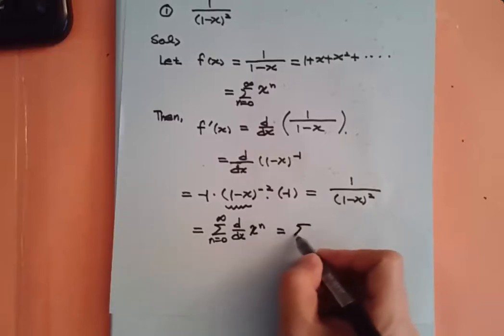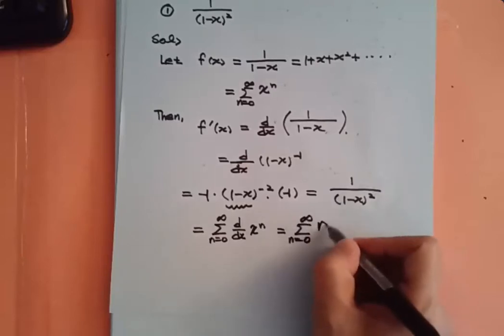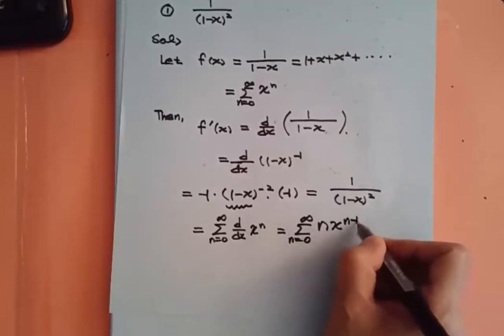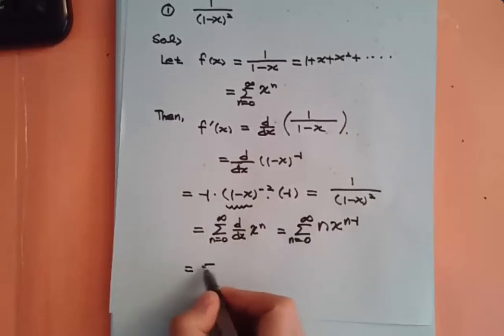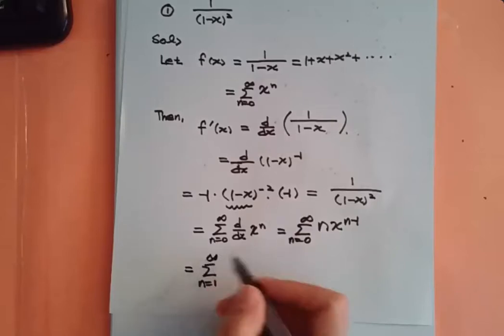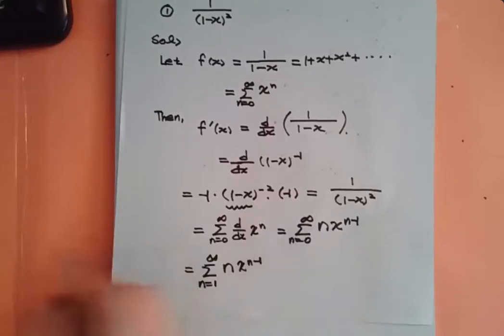Then that is the summation from n equals 0 to infinity of n times x to the n minus 1. But when n equals 0, the term becomes 0. So we can start from n equals 1 to infinity of n times x to the n minus 1 power.